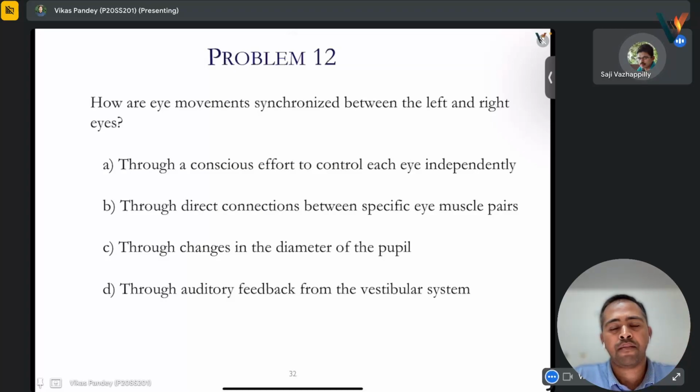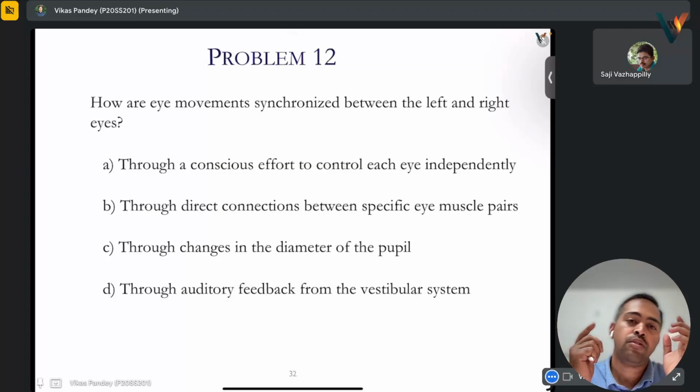Okay, so we are hearing something and then we are changing our eye movement. No, the vestibular system will give the position of the head. As per that, I think it is synchronizing both, it is asking about left and right eyes.